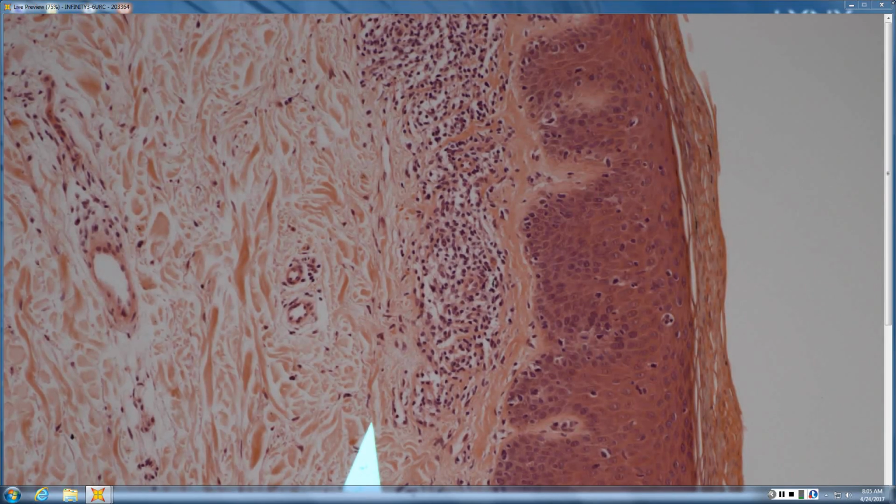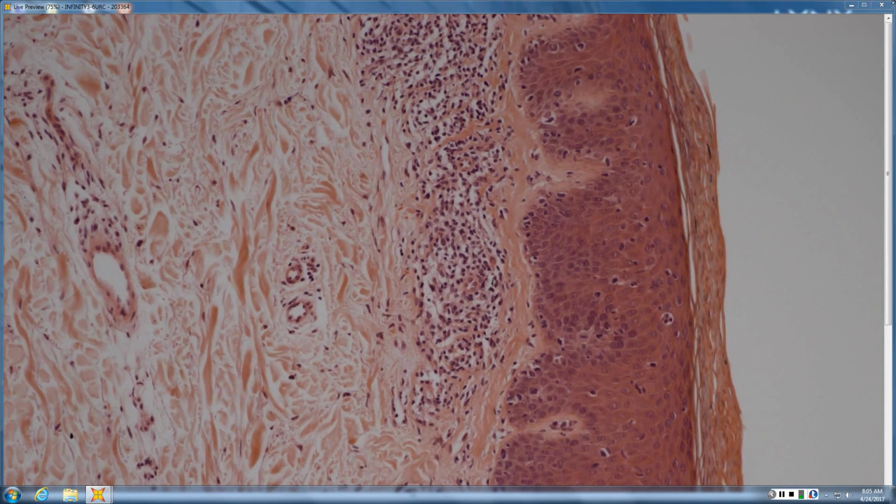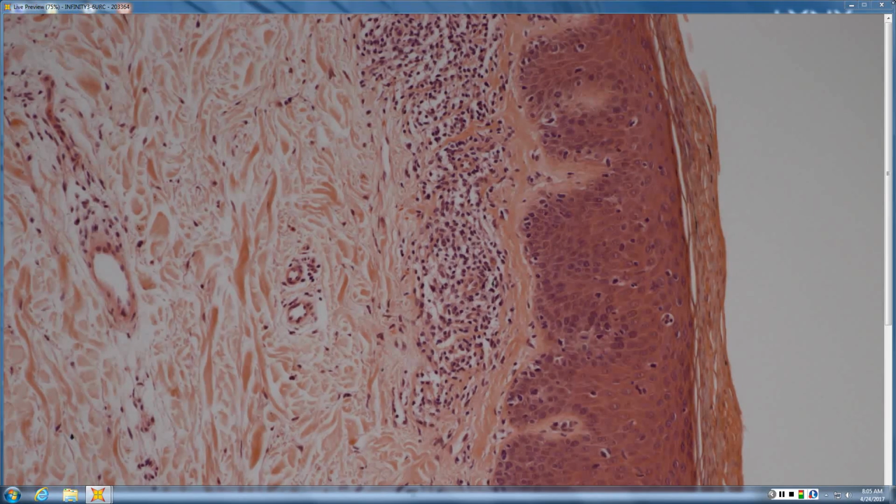Okay, good. So it's like vacuolar interface with a lymph in every hole and up along the DEJ. If you had an interface dermatitis with a lymph in every hole, your basal layer intact, what's your differential?